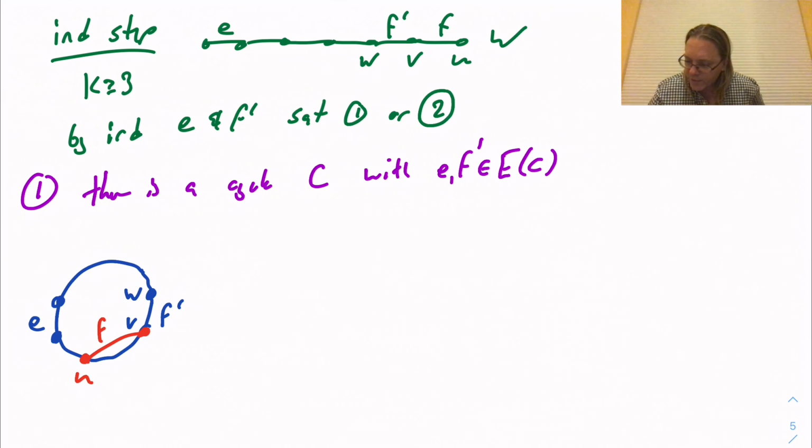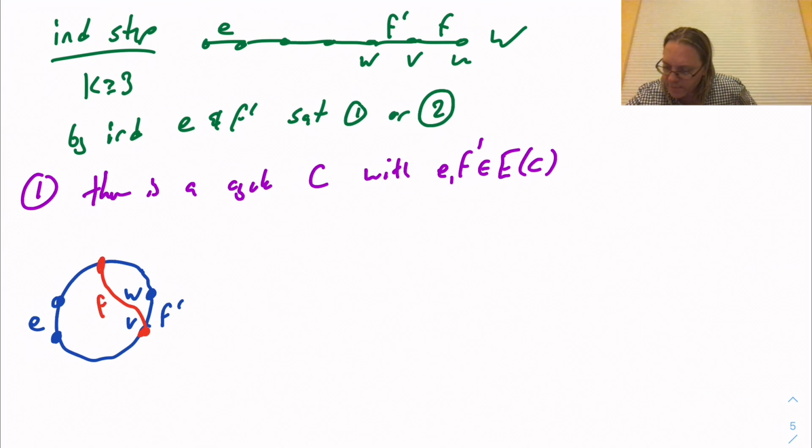If this is the edge F, well, good news. There's a cycle containing E and F, right? When we go around this cycle, instead of using this lower part of the blue cycle, you just shortcut along that edge F, and hooray, you found a cycle using E and F. Similarly, it might look a little bit different, but the argument's just the same.